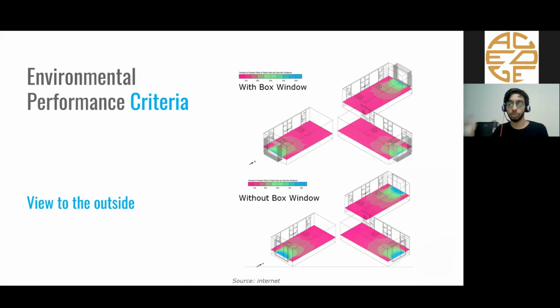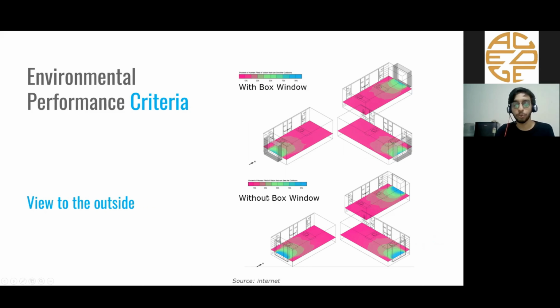When through their windows they can see outside, by intuition we already know that it actually helps us. It's good for our well-being. So view to the outside is also important. If you talk about real estate for office spaces, if you have a view to the outside, the prices go up.